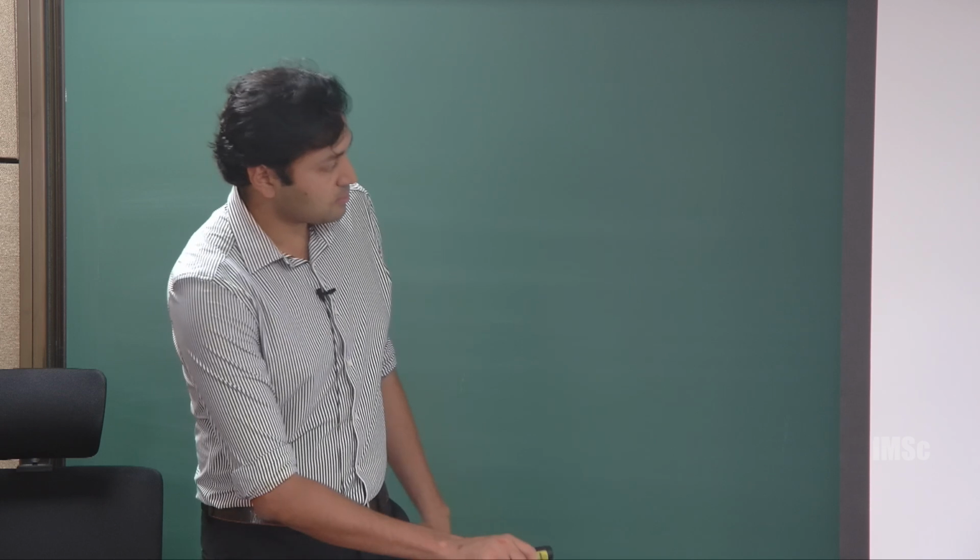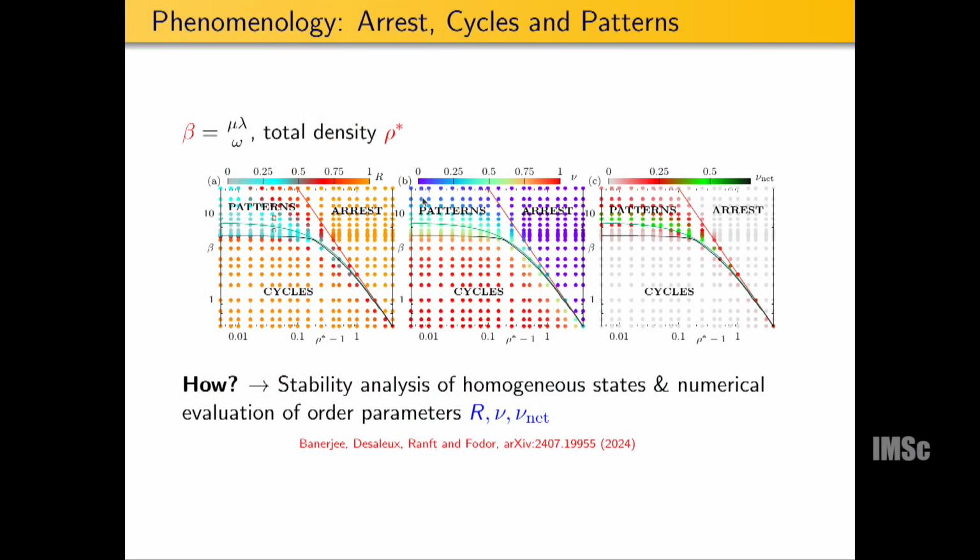Just to bring some technicality into this discussion, the first order parameter that we checked the system through was the Kuramoto order parameter. It measures the homogeneity of the system. If the system is homogeneous, which it is in terms of arrest and cycles, then R is basically 1. If you are in a state of patterns, then R deviates from 1, and it can be anything between 0 and 1. But that doesn't really differentiate between an arrest and a cycle.